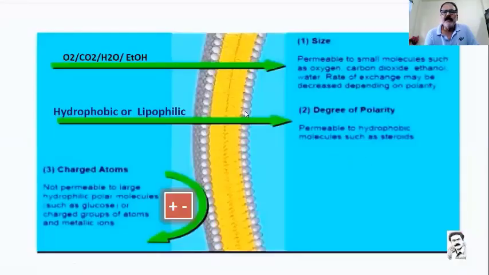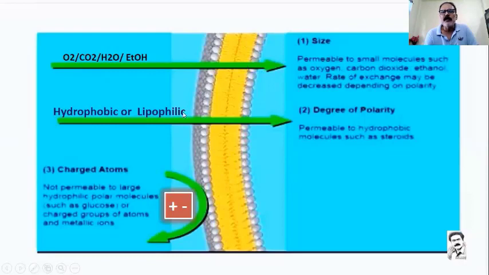On the other hand, if this is the cell wall, you can see small molecules entering through small pores. Oxygen, carbon dioxide, water, ethanol, like this, they will be easily permeable. And hydrophobic or lipophilic, fat dissolving molecules can easily be transported. As I told you, charged atoms which are soluble in water will repel and will not be easily allowed.